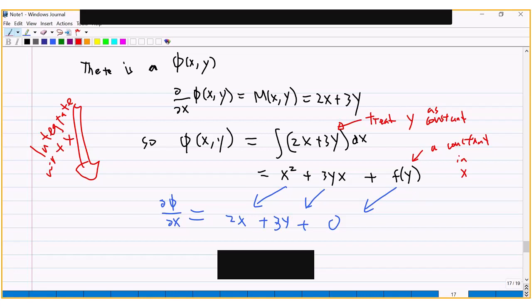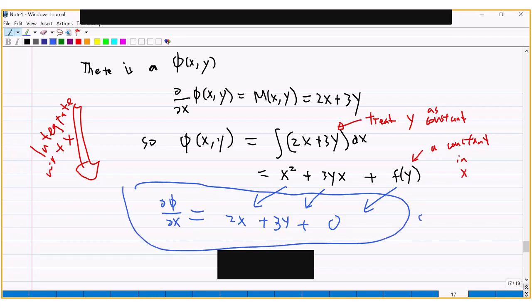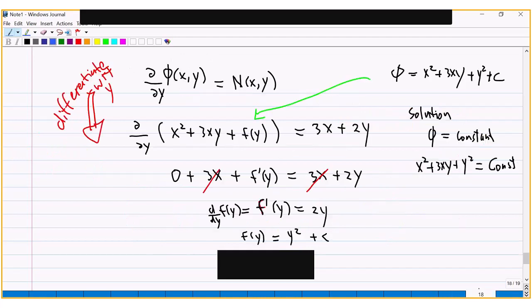This part is just for checking only. Then after integration with respect to x already, you differentiate with respect to y. Then you'll find out what is fy. So from there, you conclude what is the final solution.